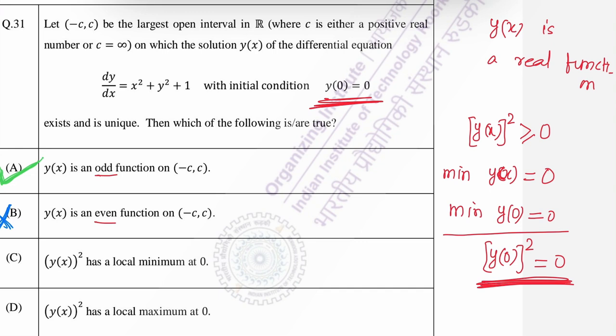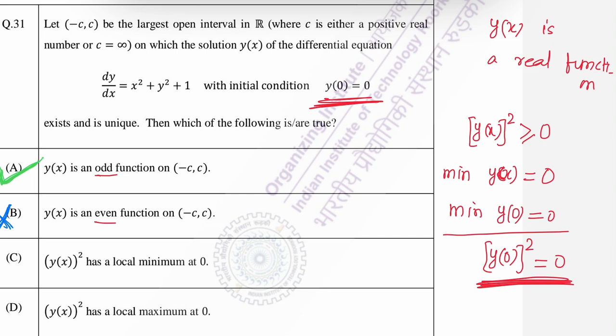A square of any real number is non-negative, and this ensures that the minimum value of a square of any real number is 0, which you see on the screen.